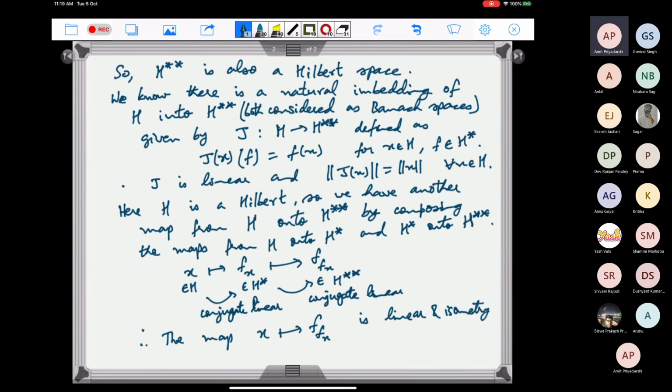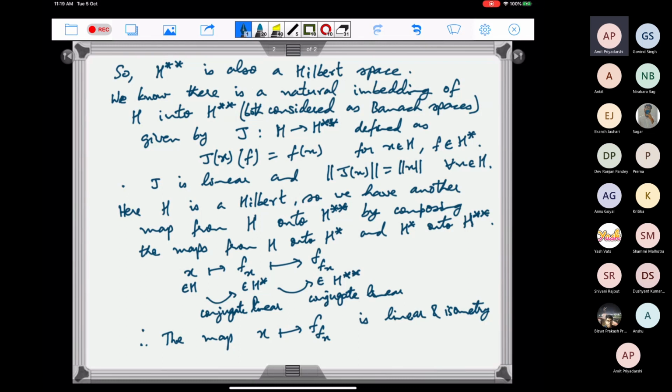Right, because if we have any scalar multiple alpha x, then it will go to alpha bar of f sub x, and alpha bar f sub x, again this is conjugate linear, so that will go to alpha bar bar, so that is alpha times f sub x. So this also becomes linear.